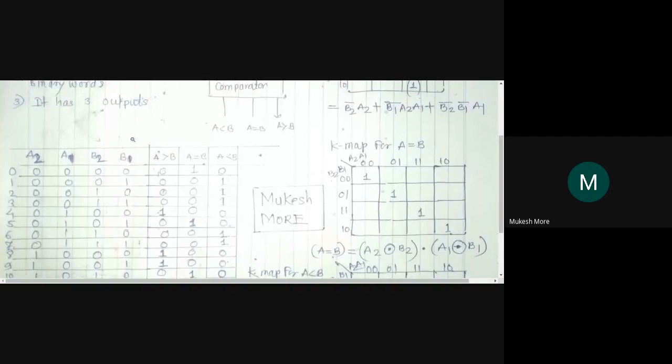And what about the output? Now we have to compare these two numbers. The first one is A greater than B. So in the first case, you have to compare A2 equal to 0, A1 equal to 0 with B2 equal to 0 and B1 equal to 0.